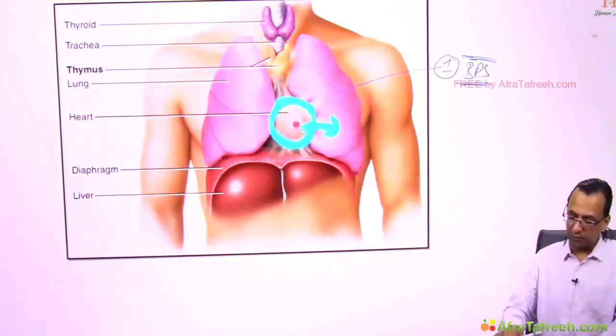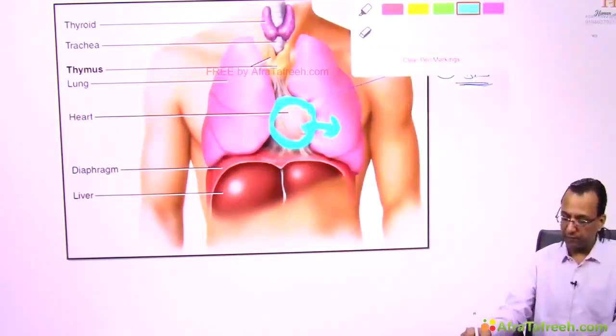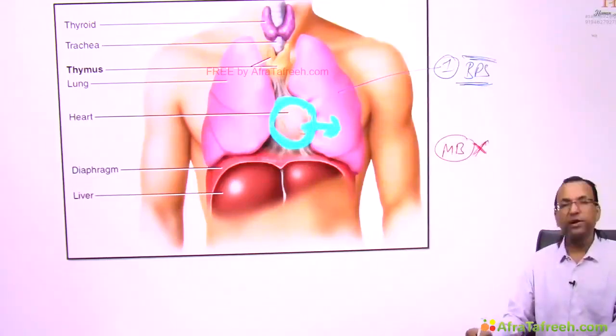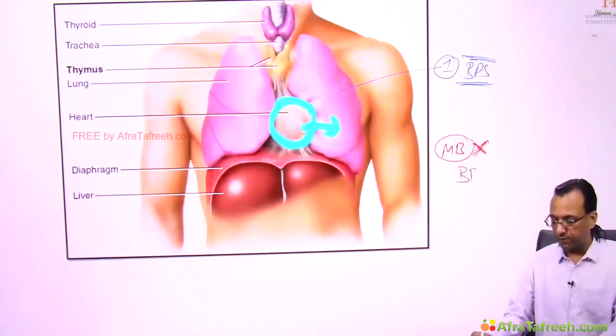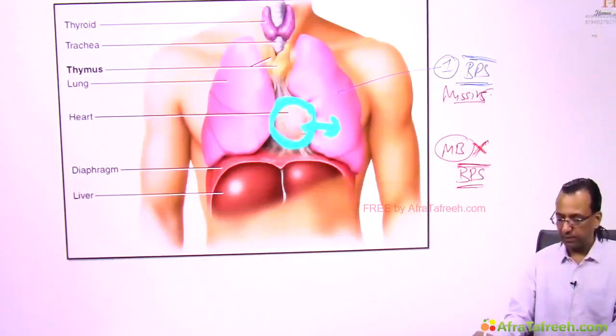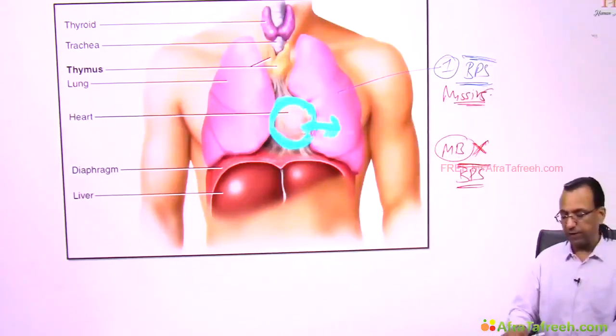That is why the left lung does not have a separate medial basal BPS, and that is why it has 1 BPS missing. And why is that BPS missing, the medial basal? Medial basal is missing because it has to give space to the encroaching heart. The heart is coming from the medial direction at the base of the lung, so medial basal is absent.